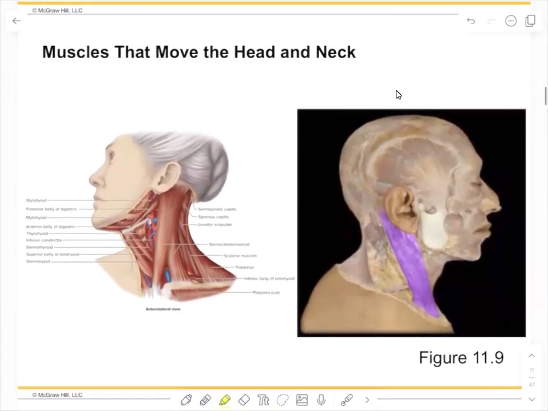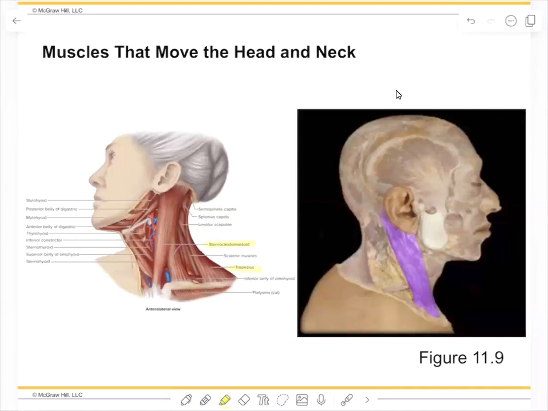Muscles that move the head would in fact include the sternocleidomastoid muscle. And we can see that highlighted on this cadaver image on the right-hand side of your slide. So shown on this diagram would be the sternocleidomastoid muscle, the trapezius muscle, and I'm not highlighting any of the other muscles because you're not going to be responsible for them.